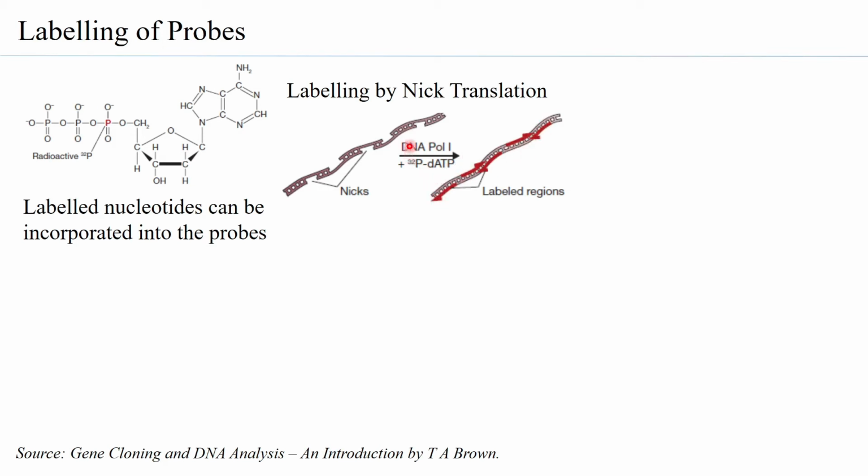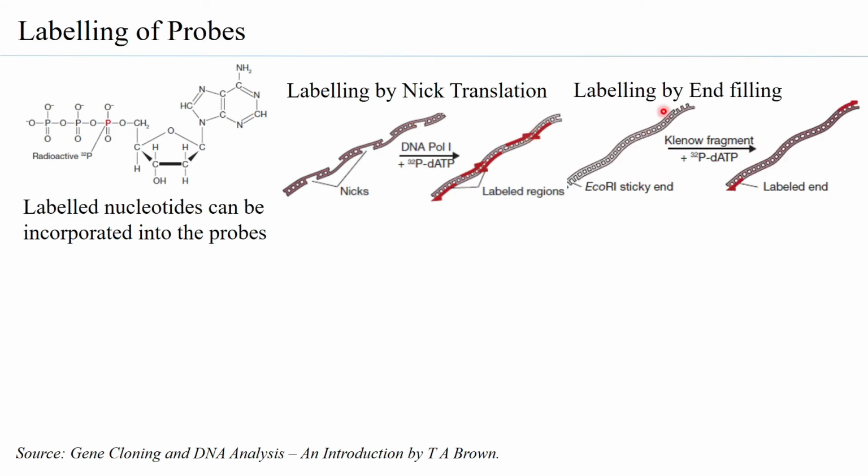So for filling the gap, one of the nucleotides that is used is labeled. So for example, here dATP is labeled. Wherever there is complementarity for A, there the labeled dATP will go and bind, and you would have this entire probe getting labeled. Okay, so this is labeling by nick translation.